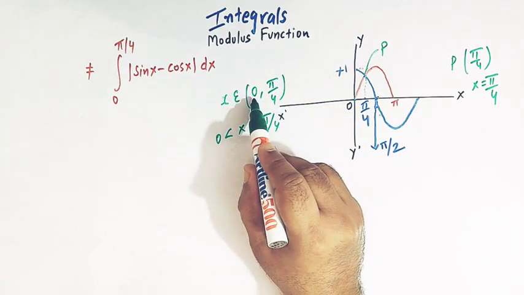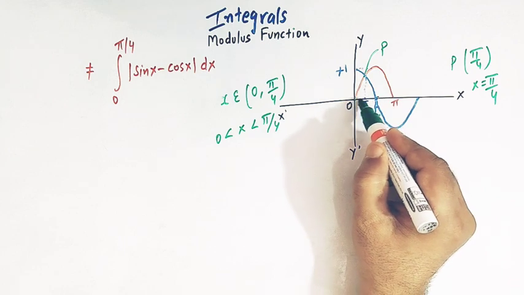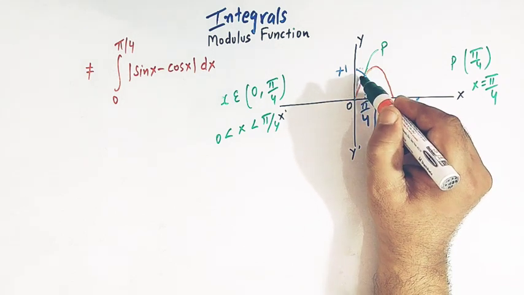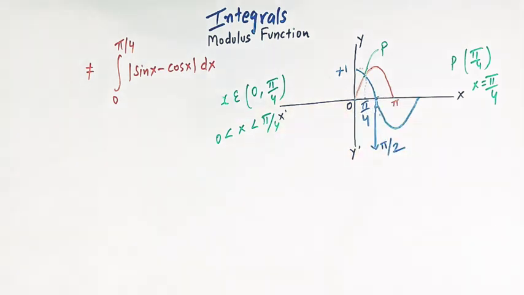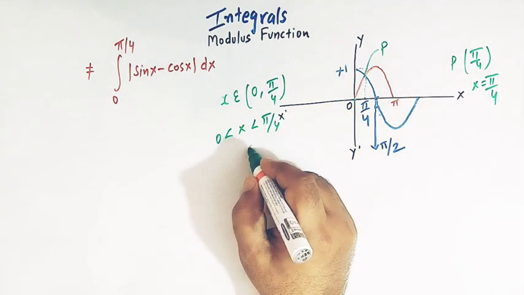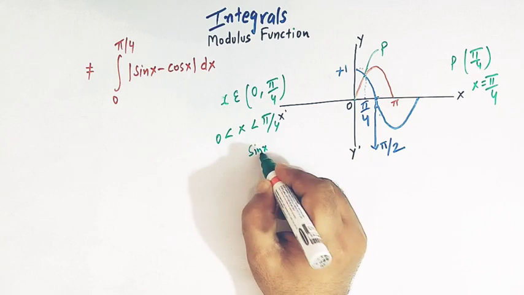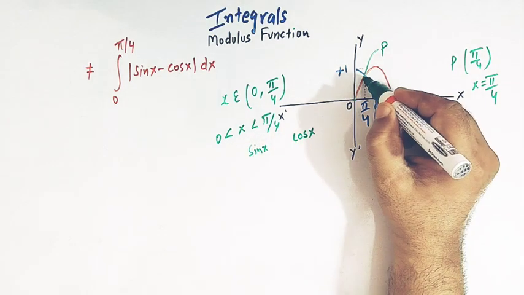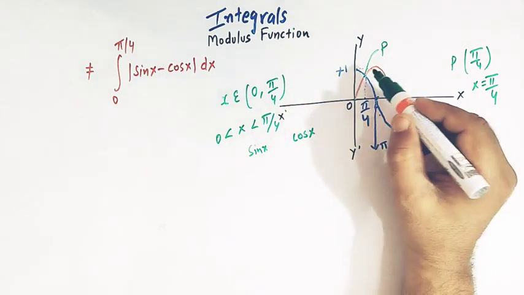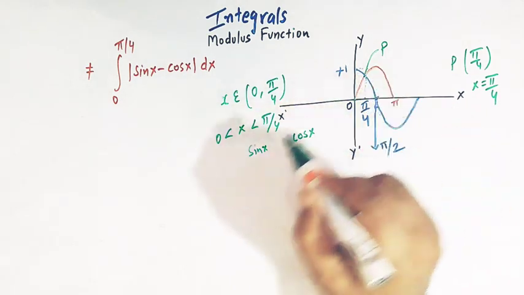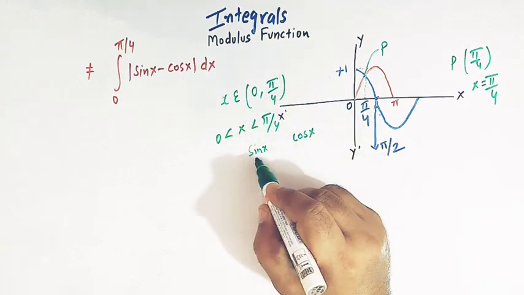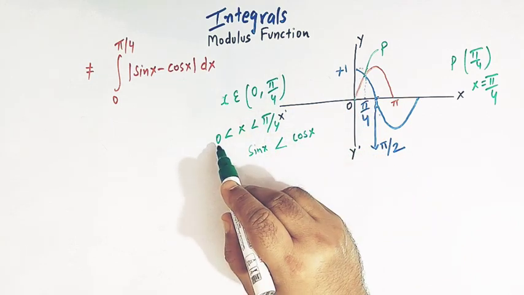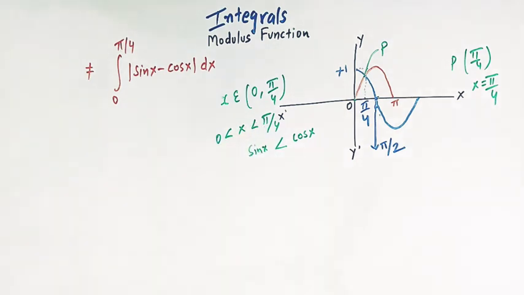When we take this interval 0 to pi by 4, we can see that this red curve lies below the blue curve. That is, sine x lies below cosine x. So we can conclude that sine x is less than cosine x in the interval 0 to pi by 4.